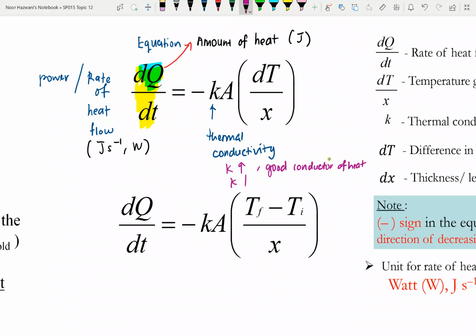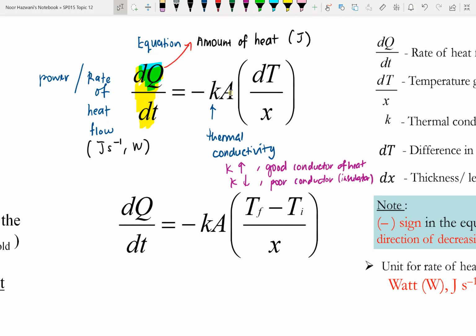Kalau k you rendah, so dia akan jadi poor conductor, dan biasanya bahan itu akan dijadikan sebagai insulator. Okay, so daripada nilai k kita tahu sesuatu material tu bagus atau tidak untuk conduct heat.